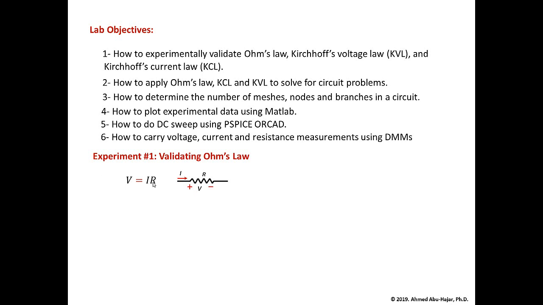So using the conductance, Ohm's law is defined as I equals V times G, where G is 1 over R. If you divide by R in the top equation, you have I equals V over R, but 1 over R is G. So I equals V times G.